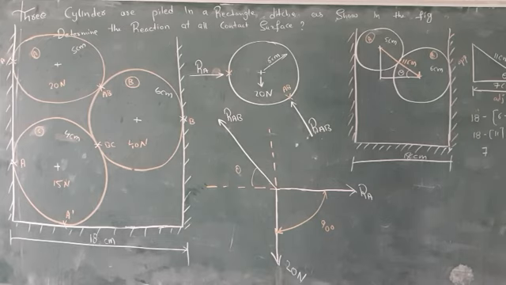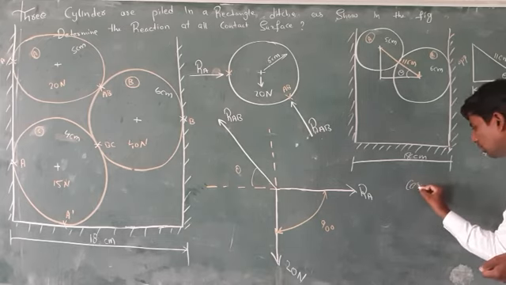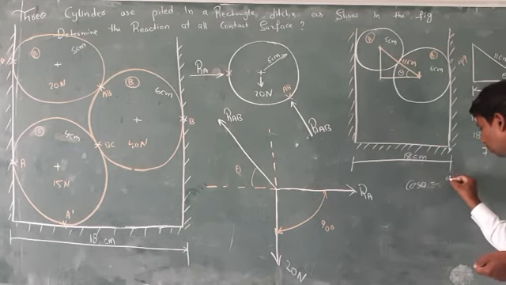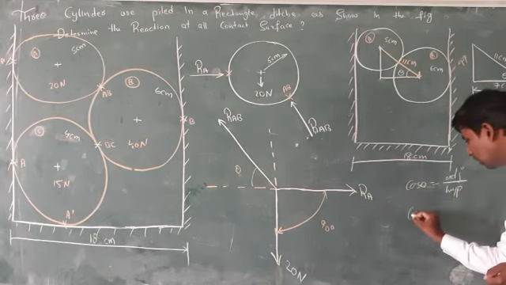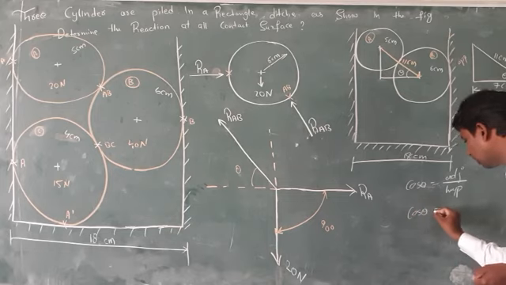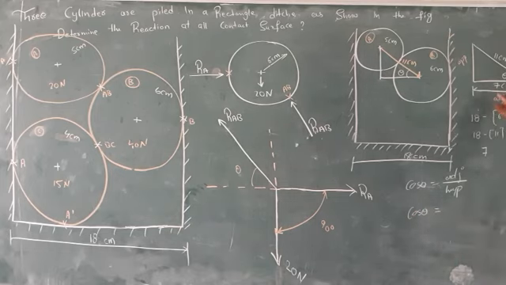So adjacent by hypotenuse will be cos theta. Cos theta is equal to adjacent by hypotenuse. Adjacent is equal to 7, hypotenuse is equal to 11. Write 11.